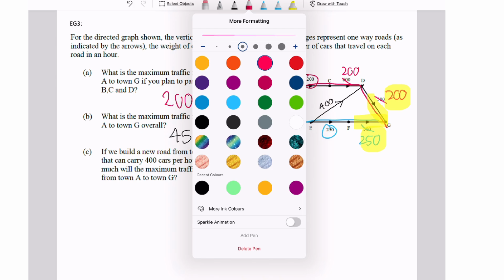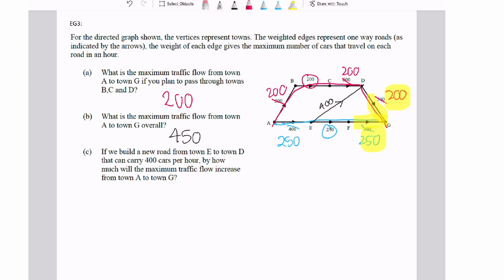So if I get a bit tricky now, I write out, okay, so A, B, C, D, G, remember that was 200. Then I had A, E, F, G, that was 250. So now if I add in my green route, let's go A, E, D, G. Let's work it out.